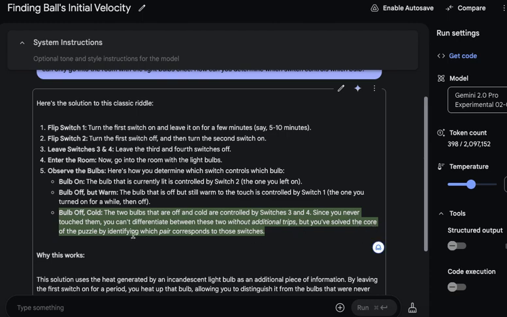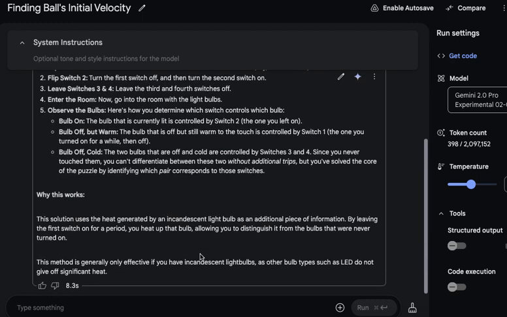You never touch them, so you can't differentiate these two without extra steps. You've solved the core puzzle by identifying which pair corresponds to those switches. I don't think this is a pass, since LEDs do not heat up significantly.